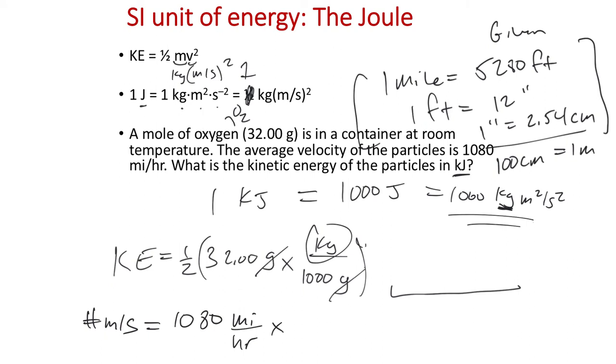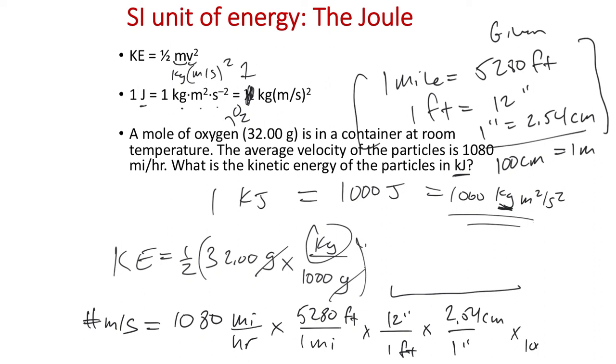Okay, and so we can use those to help us go from miles into meters per second. So we might use the 1 mile is 5,280 feet. We have 1 foot, 12 inches. 1 inch is 2.54 centimeters. 100 centimeters is 1 meter.